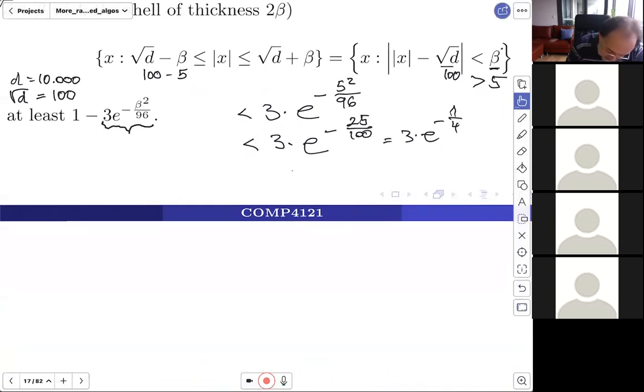Say the dimension d is equal to 10 to the 6th. So square root of d is equal to 10 cubed. Okay. So then this says, and we keep d the same, so say we set beta to be equal to 10.